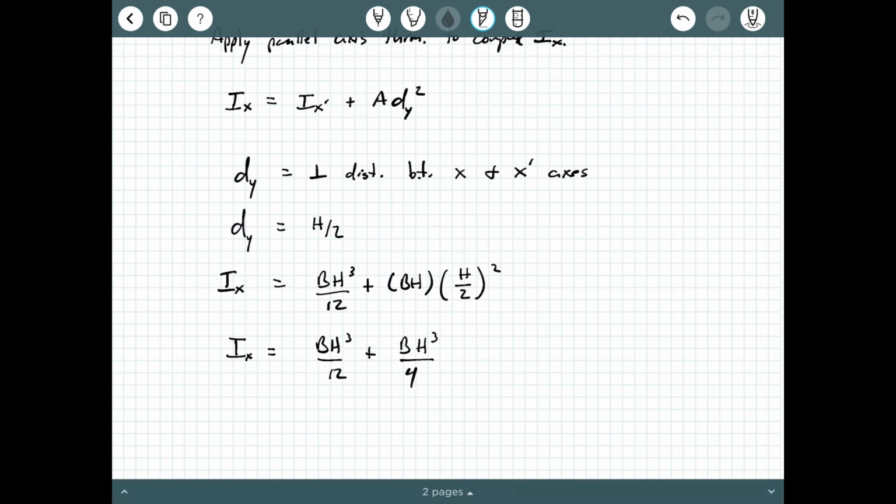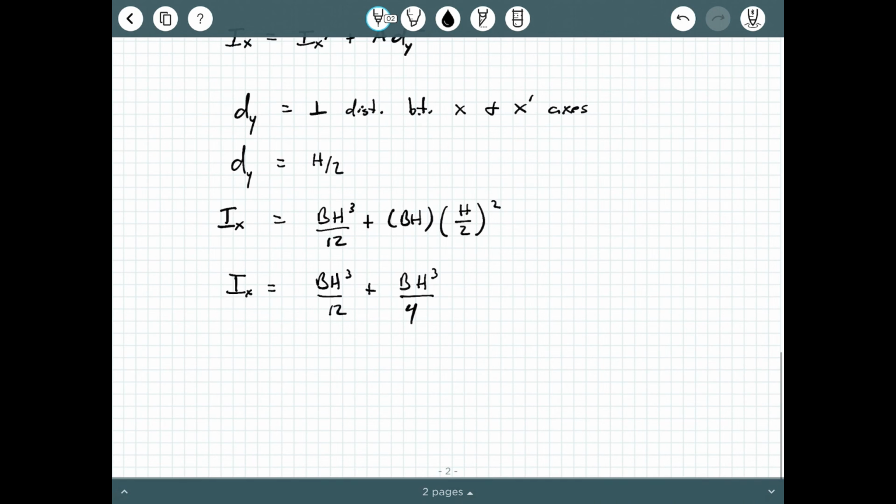Okay, when I combine all this, and I'm going to get a least common denominator here. So I got bh cubed over 12 plus 3bh cubed over 12, and then I'm going to end up with 4bh cubed over 12. So of course I finally get I sub x equals bh cubed over 3.